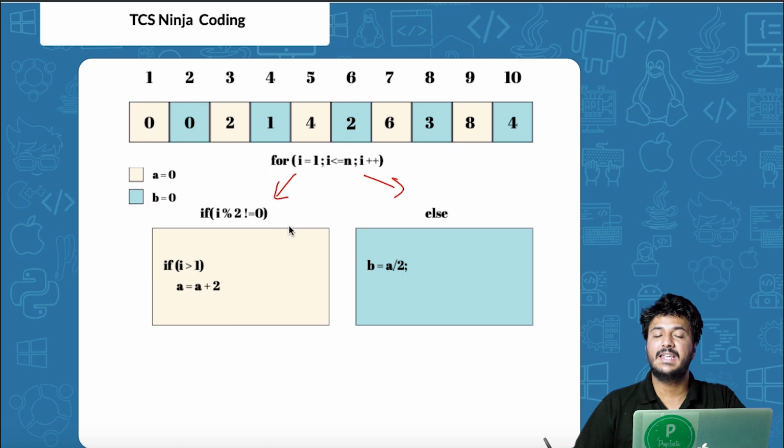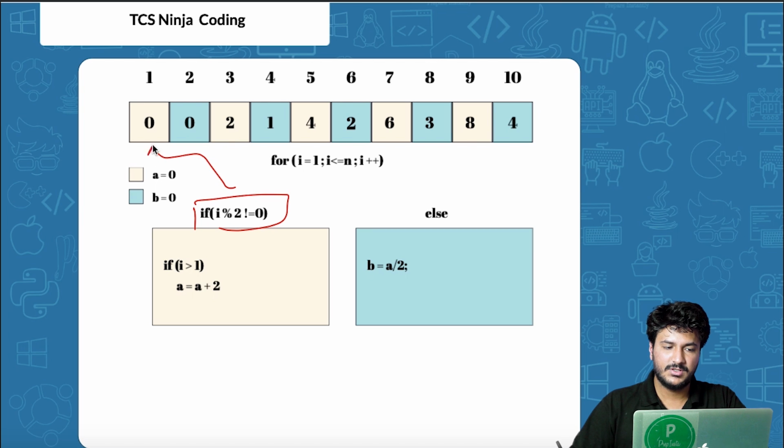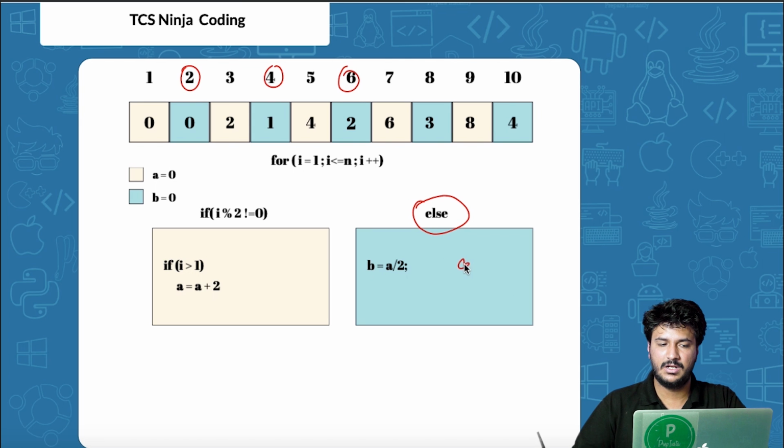There is going to be one if-else condition. This first if condition we are going to use to print out these values, that is in the cream color. This cream color denotes the odd values here. And this else condition, we are going to print out the values for the even positions, that is 2, 4, 6, which I have identified in blue color here.